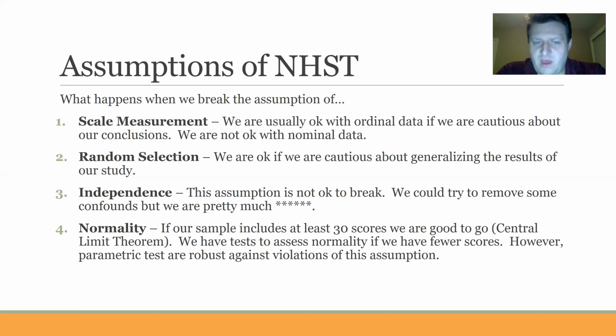Normality. We would say that parametric statistics are very robust when it comes to the assumption of normality. What do I mean by the word robust? Robust means that even if the assumption is violated, the statistic still works out well.